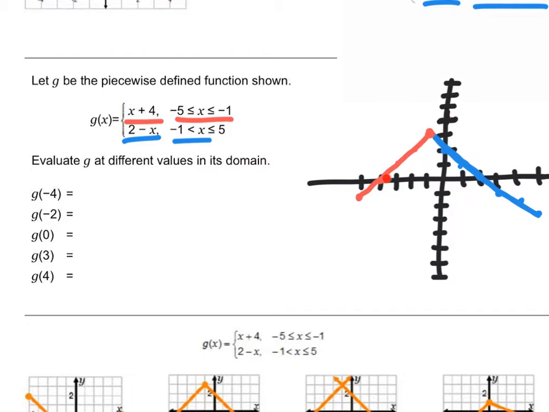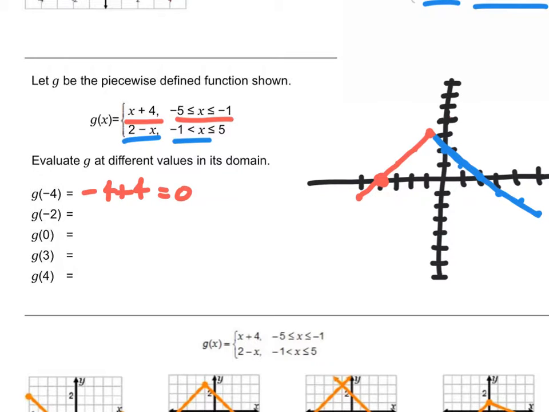It's going to go on the red graph because negative 4 is in between negative 5 and negative 1. So when you're evaluating these functions, you have to look at the domain of each of these. Where do they exist? Negative 4 is in between negative 5 and negative 1, so I'm going to plug it into here. So this would give me negative 4 plus 4, which gives me a value of 0. And you can also see that that point is right here on that graph, negative 4, 0.